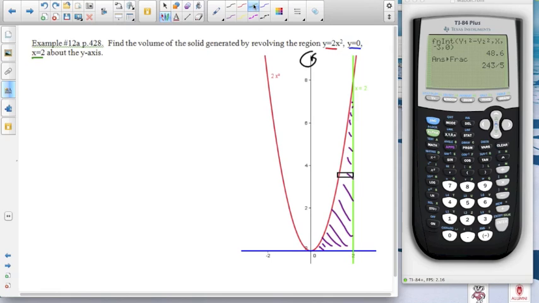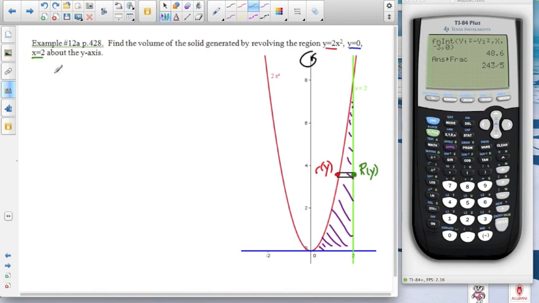the large function, capital R of y in this case, since this is a dy problem, is going to be this function here, since it is farthest away from the axis of rotation, and the lowercase r of y is going to be this function here, since it is closest to the axis of rotation.